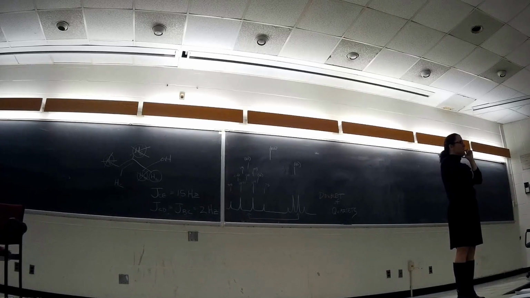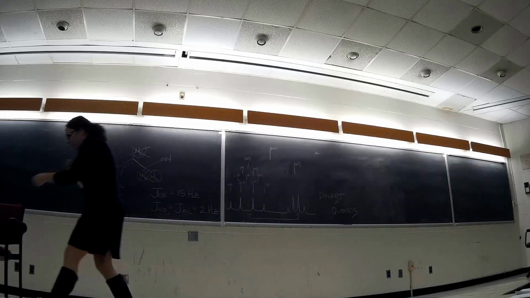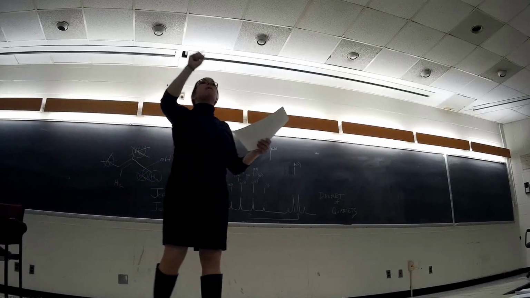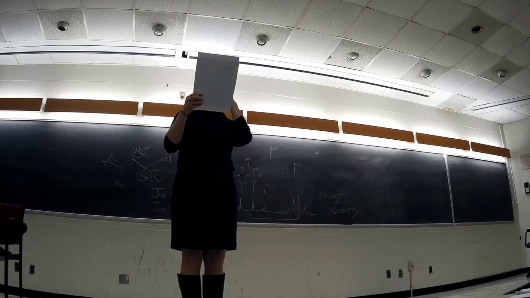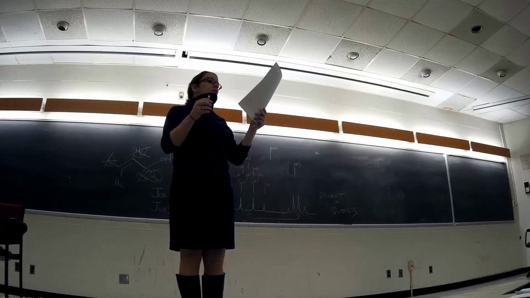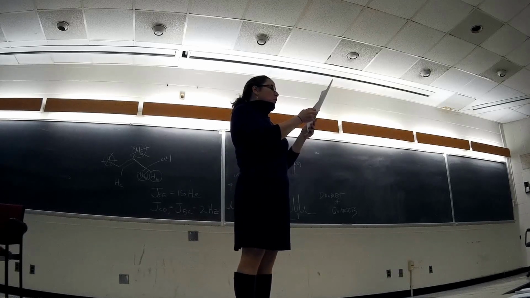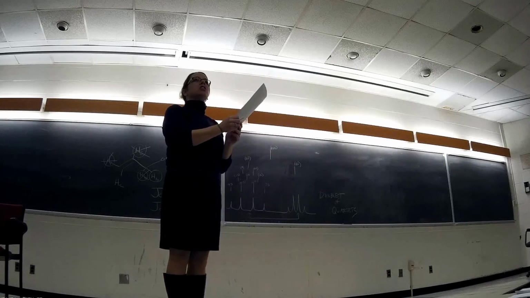There's 2 sets of 1 to 3 to 3 to 1. So if we go and look at it, it actually does exist. Everyone flip back to the spectrum side. Does everyone see that signal at 5.1, that's HD, the one we just did?